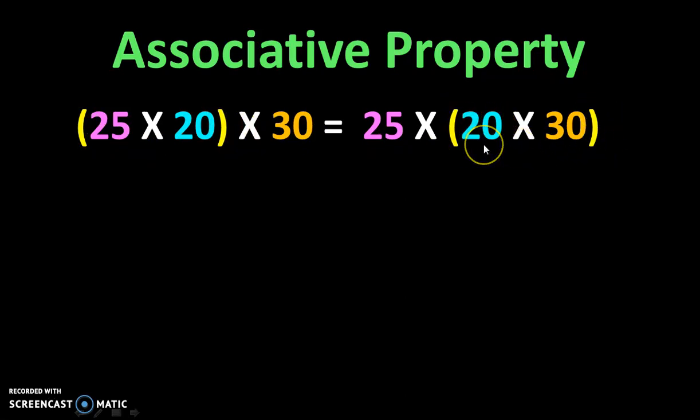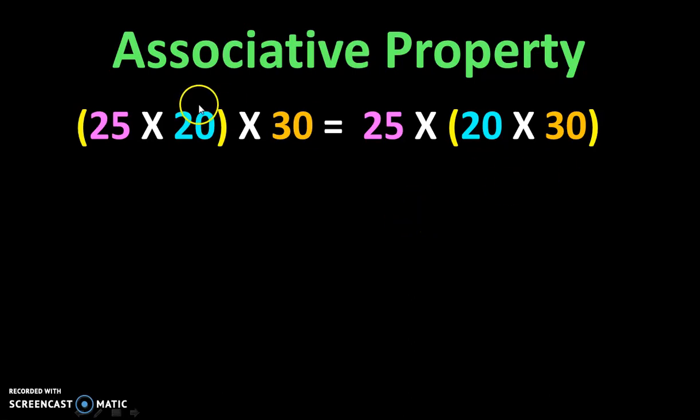Why I have changed it here is because 20 and 30 are in tens, so I find it easy to multiply. When I take the bracket over here and multiply, it will be easy for me to get the answer even if it is a very big number.